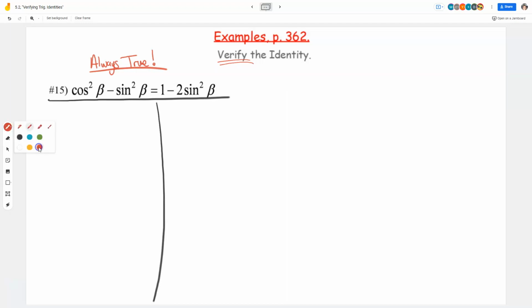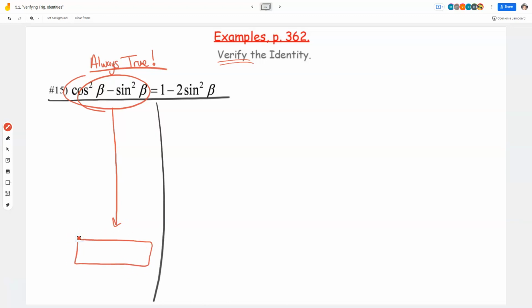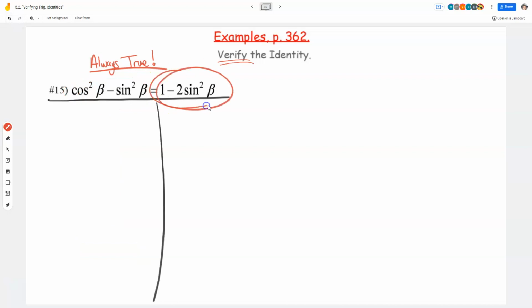What I am allowed to do is either take this side and show that it can be transformed to become that side, or take this side and transform it and show that it can land or become the other side. That is how you verify.